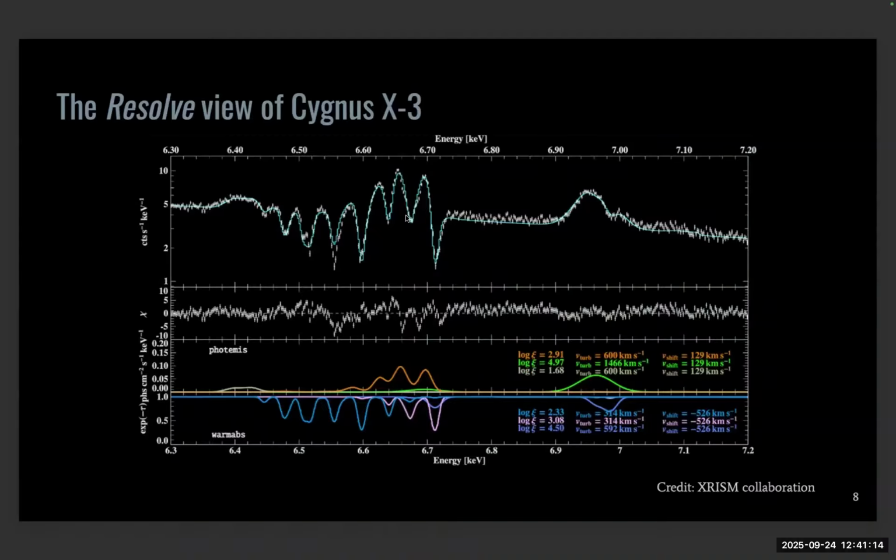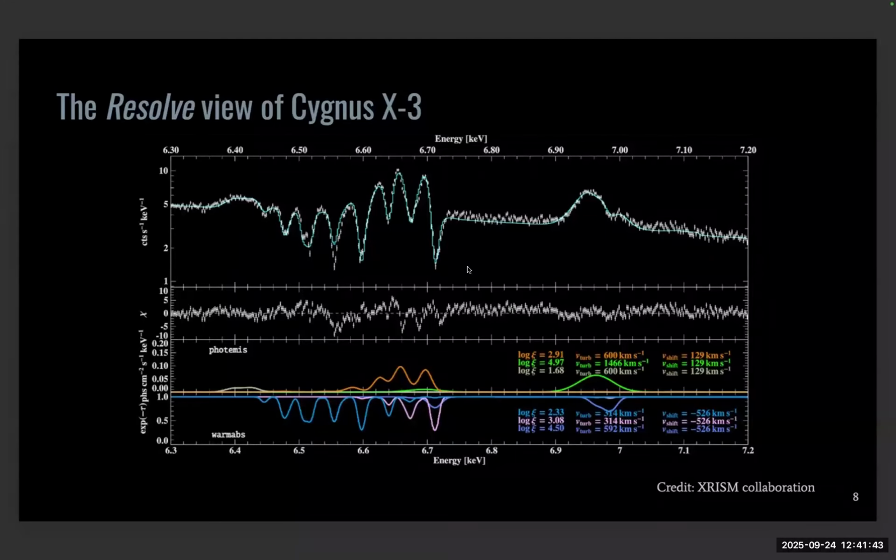But in particular, the resonance line at 6.7 keV forms a P-Cygni-like profile, so there is both emission and absorption in this system. And then there's a much broader hydrogen-like iron 26 line.